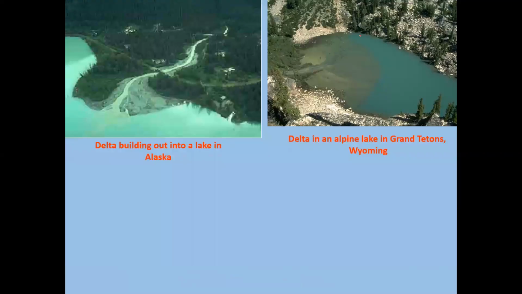And then these are deltas in a glacial lake. This is in Alaska. So here's the water coming through, and there's the deposits of material in the lake. Here's another one. This is in Wyoming. And you see that nice delta shape. You can always recognize that it's glacial water because it has this milky blue color to it.